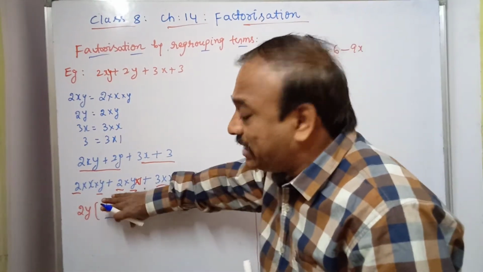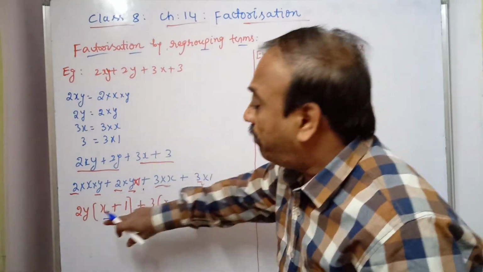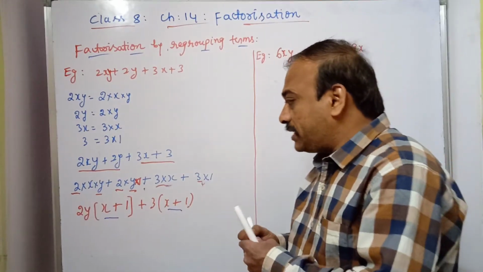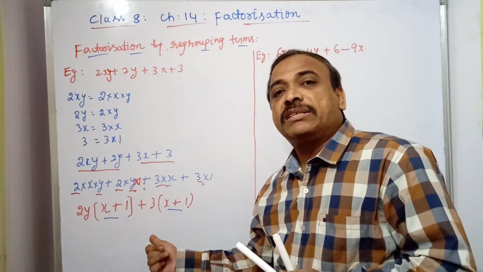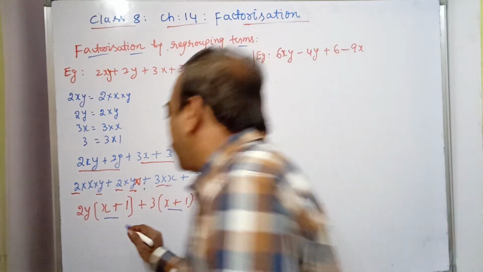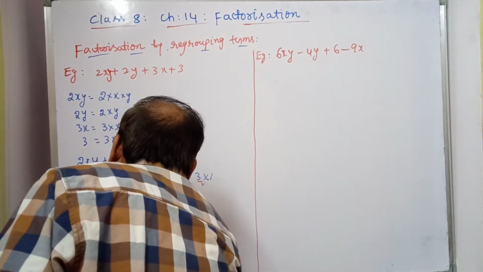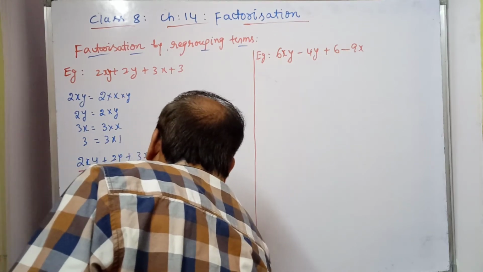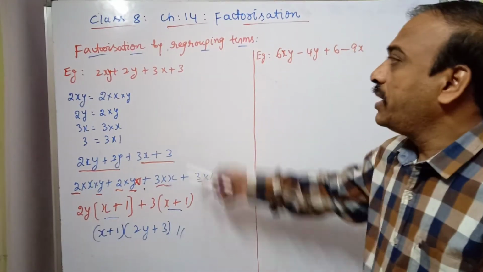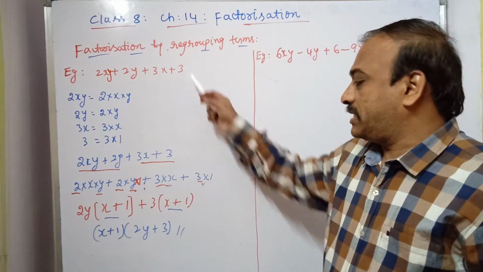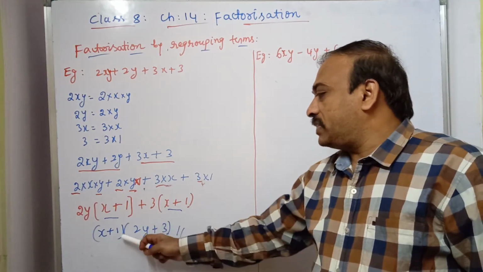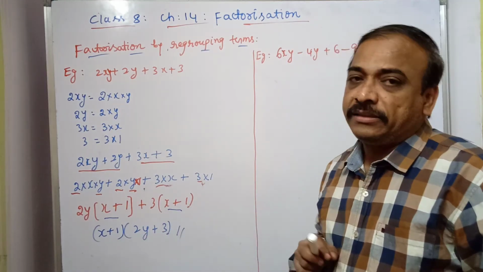X plus 1 is a factor common in both. So x plus 1 into 2y plus 3. This is the factorization of 2xy plus 2y plus 3x plus 3: x plus 1 into 2y plus 3.